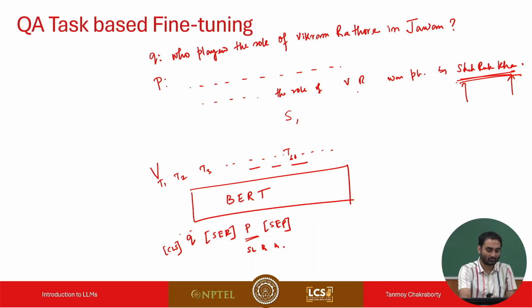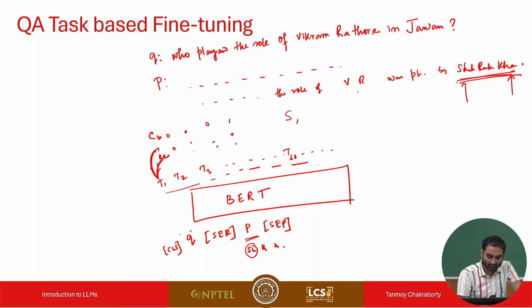You maintain two different classification heads. One keeps track of the beginning of the span, and the other keeps track of the end of the span. Let's call them CB and CE. CB for all these tokens will be 0, 0, 0 during training. For the word Shah, CB is 1 and CE is 0. Then Rukh will be 0, 0, Khan will be 0 and 1, and the remaining will be 0, 0, 0. This is my ground truth data.